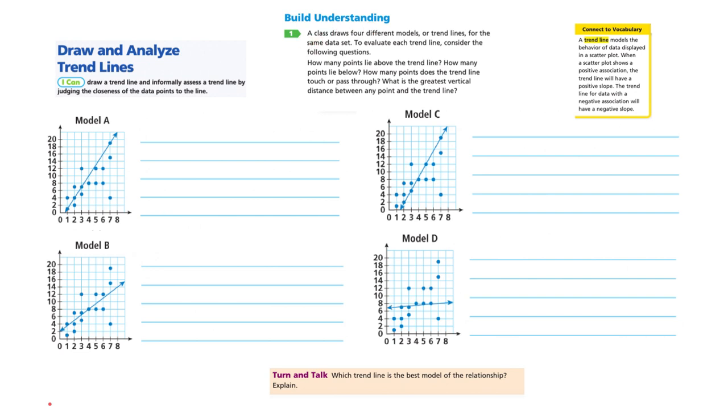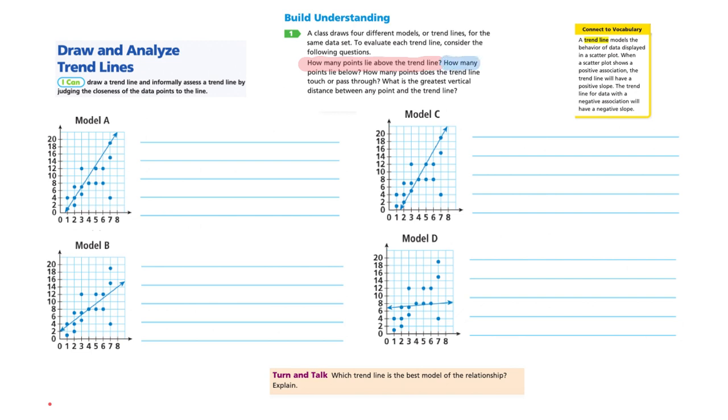All right, so I'm hoping that you took some time and did this on your own. I am going to highlight the questions that we should be considering. So let's look at that. I'm going to do them in different colors. So we first want to think about how many points lie above the trend line. That's important.